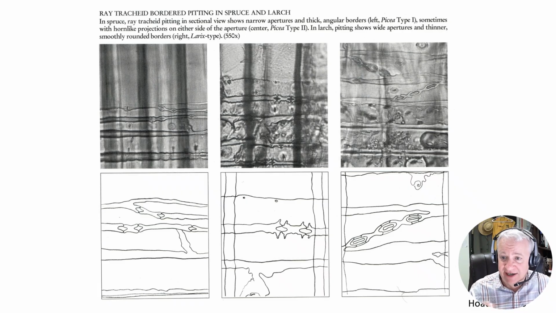And the differing structure of bordered pits can sometimes help you to separate out, for instance, in this case, spruces from larches. Okay. There are many other characteristics. So for instance, Douglas fir has helical thickenings in the tracheid secondary walls. And those are some of the kinds of things that unfortunately you often have to get into to separate some of the gymnosperm species. Again, we're not going to go into that in this class.